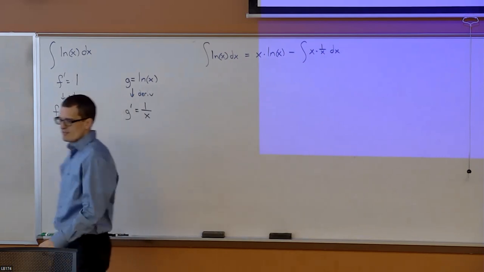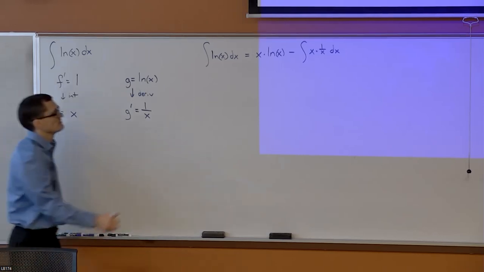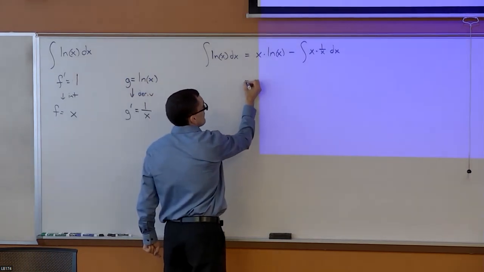Now my f times g prime is x times 1/x, which is just 1, as in the number 1.